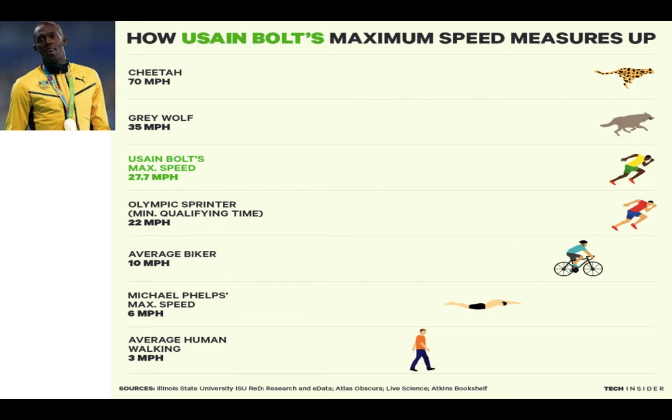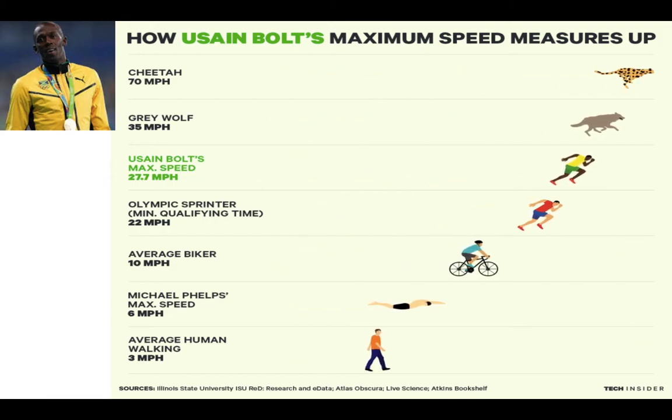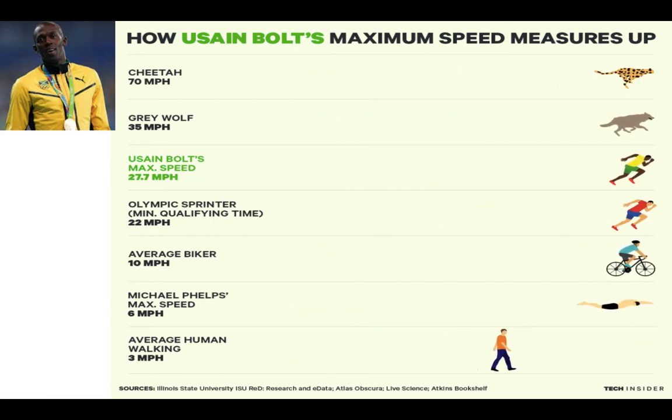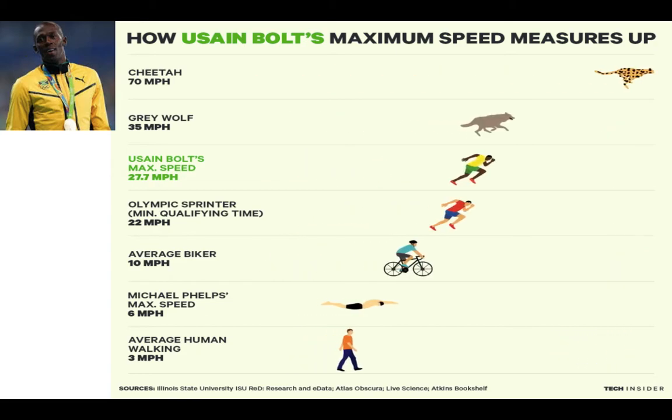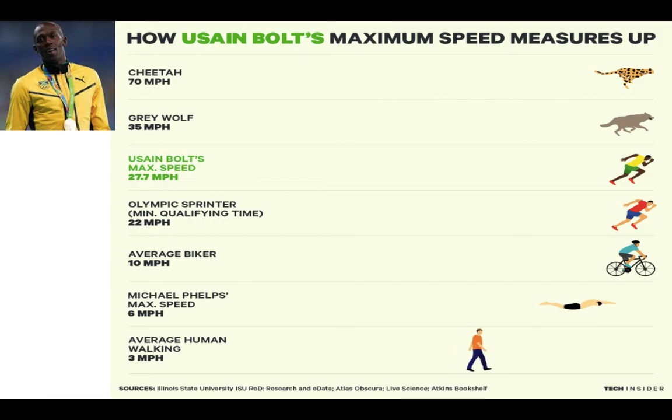Can't keep up with the gray wolf either. Average bike rider, 10 miles per hour rather. Michael Phelps, greatest swimmer in the history of the Olympics. There you see his speed, and then just average walking, how they all compare. Distance traveled over time.